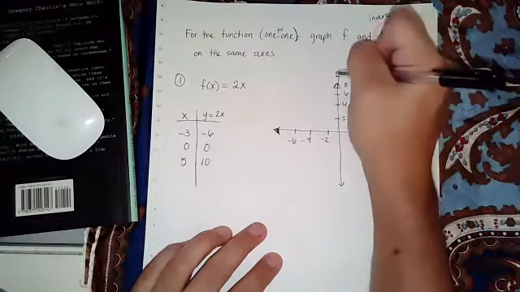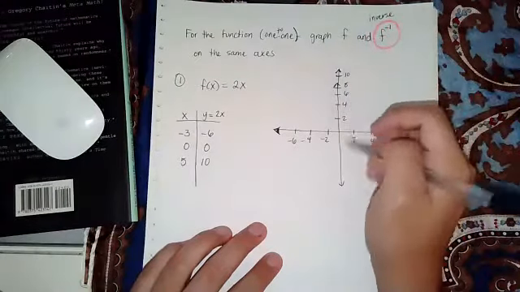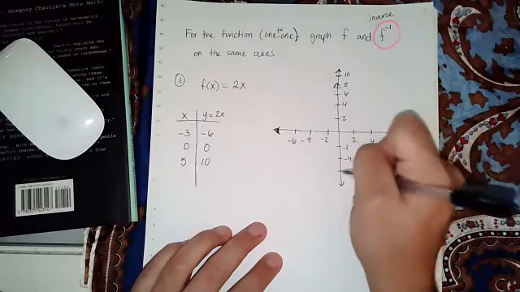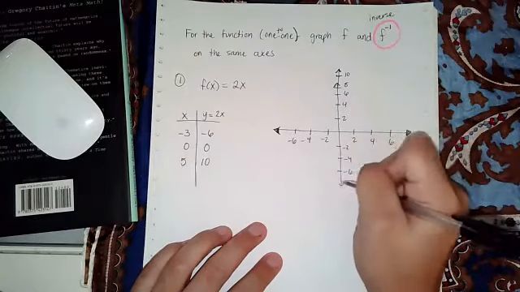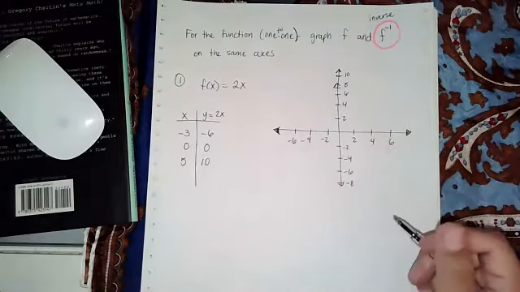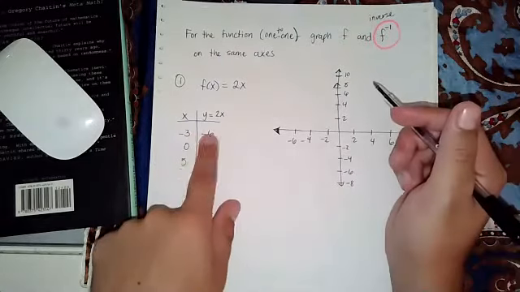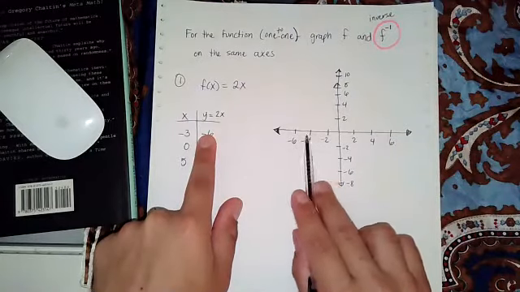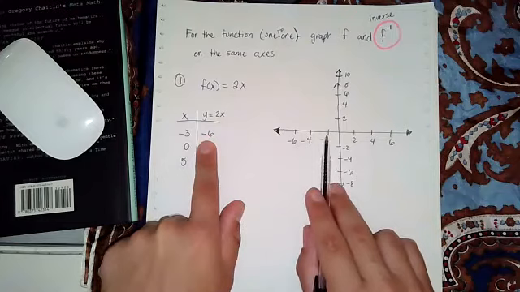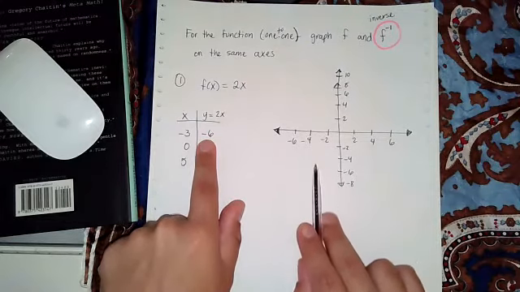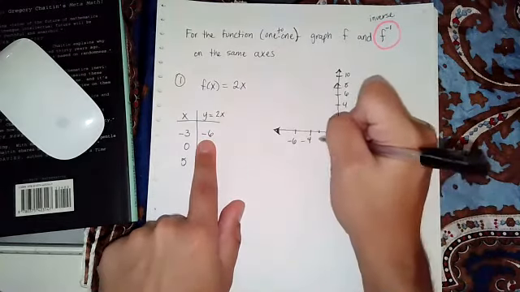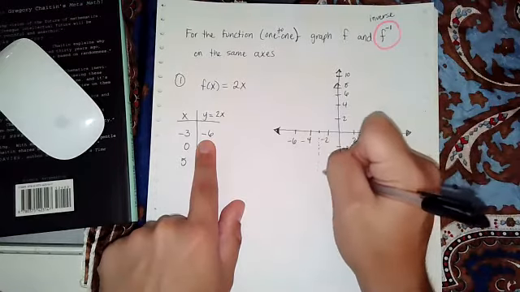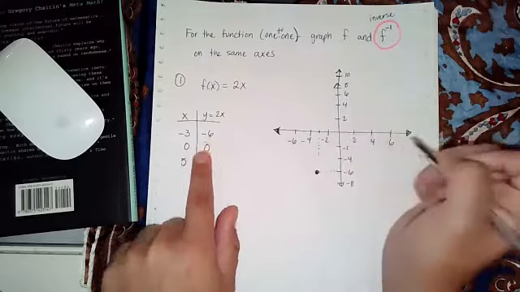I do appreciate that you gave me 5. -2, -4, -6. I don't think I have to go down this low. -8. Okay. And I can plot these. So -3, -6 would be, -3 is a little bit further out, so like in the middle between -4 and -2. And then -6 would be down here. So let me put a little half tick mark there, go down to -6. And that's the location of that point.